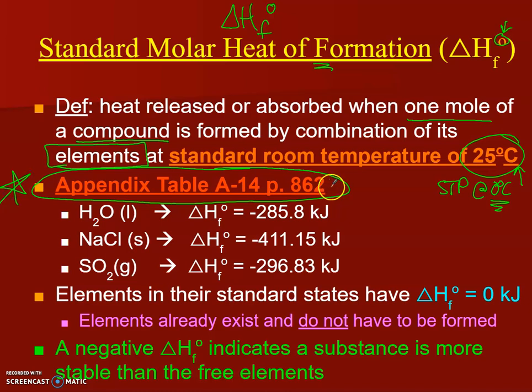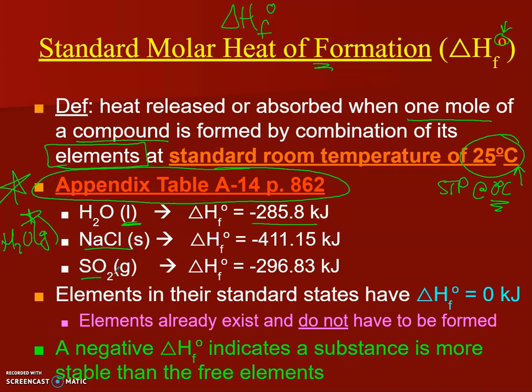We use the one on page 862 of the Modern Chemistry textbook, but you'll see that there are various heats of formation listed for water. There's a different one for steam. So when you have combustion reactions, you've got to be careful that you don't use this negative 285.86 kilojoules here. For the formation of salt, for SO2 gas, etc.